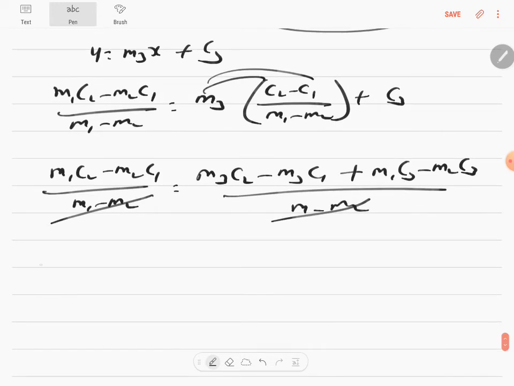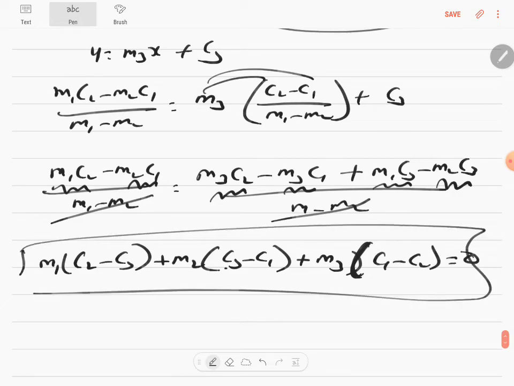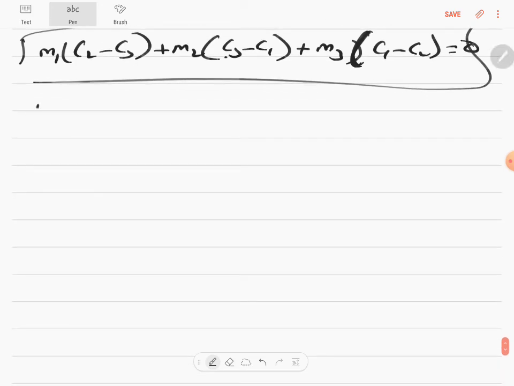Just consolidate: m1 into c2 minus c3, plus m2 into c3 minus c1, plus m3 into, bring it to the left side, c1 minus c2 is equal to 0. And this is exactly what you need to prove. This is about concurrent lines, always solving 2 equations and putting it in the third equation. Okay, so let's go to the 11th question.